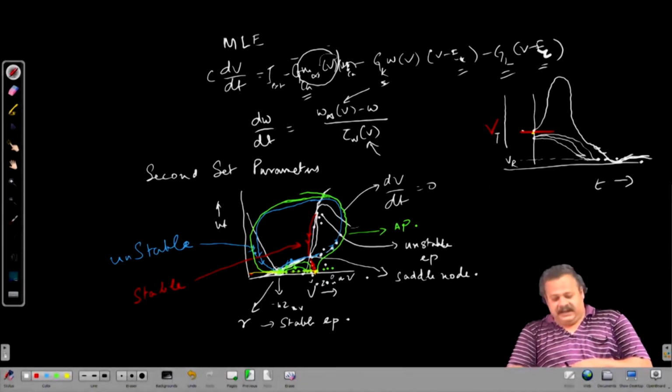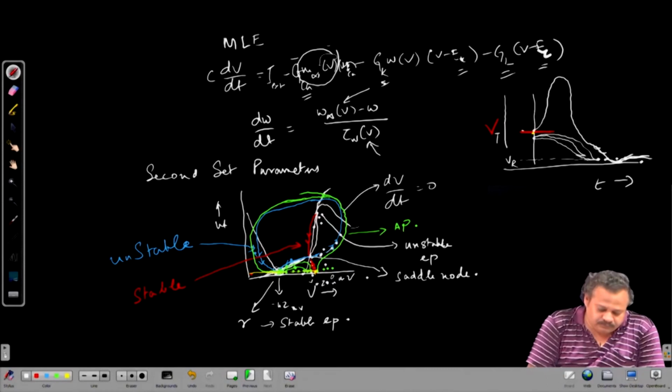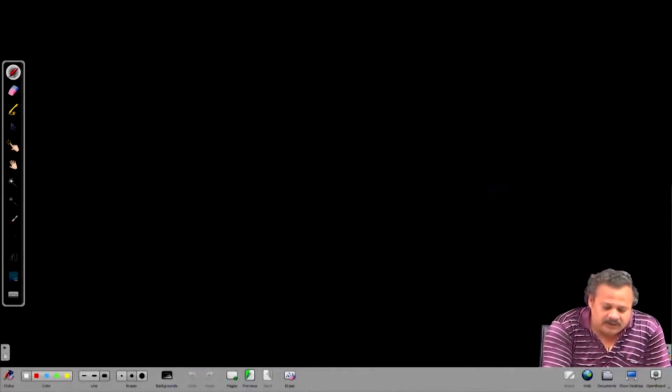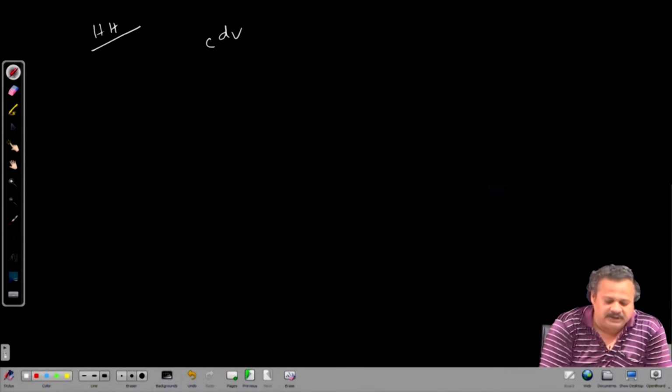So now if we extend this same idea to the Hodgkin-Huxley system, then we have to consider a reduced system where the sodium channel kinetics, or the activation gates of the sodium channel, need to be included. So now if we remember the Hodgkin-Huxley equations, so we are now shifting back to the Hodgkin-Huxley equations.